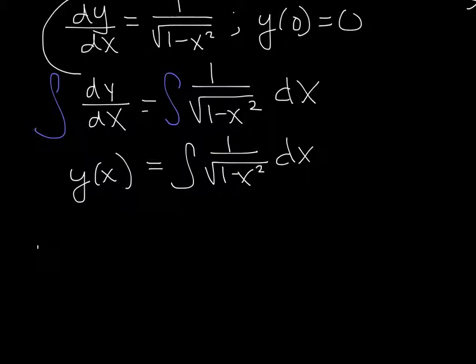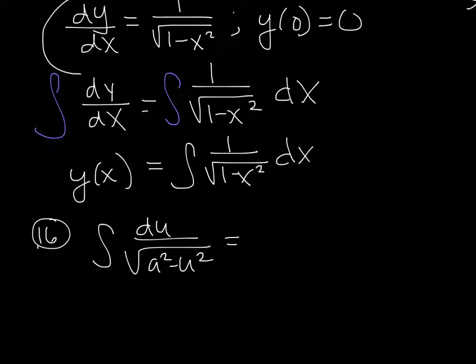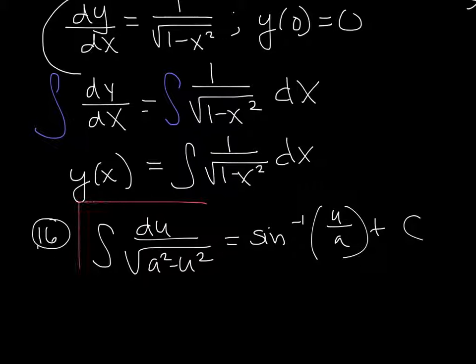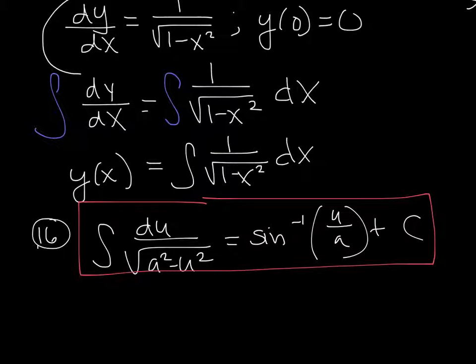If you look at the inside cover of your book, number 16 under elementary forms, you have the integral of du over the square root of a squared minus u squared, and that integral is sine inverse of u over a plus, of course, our constant of integration.